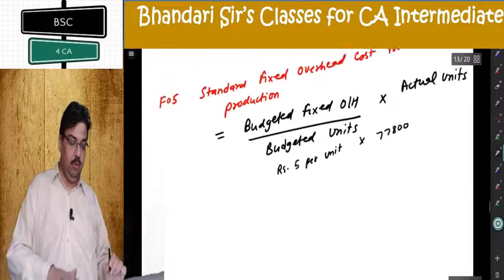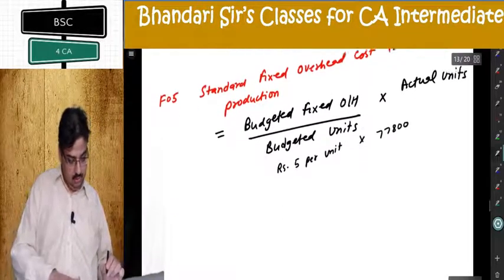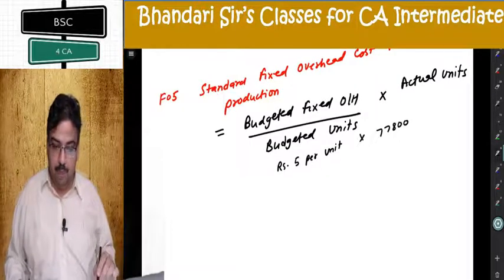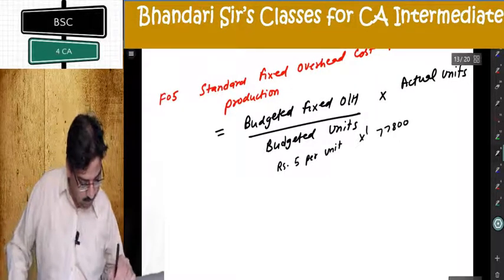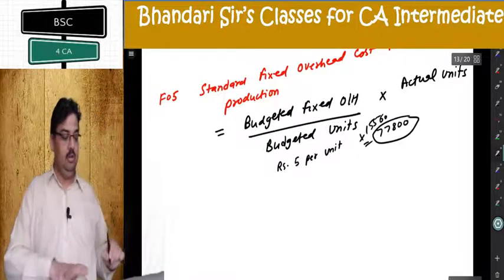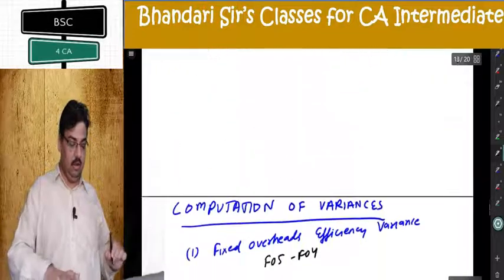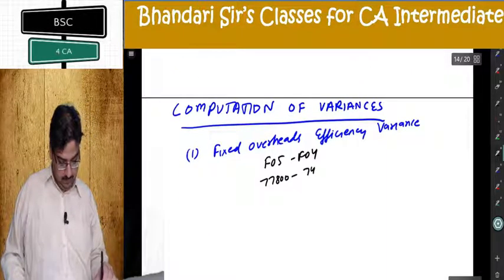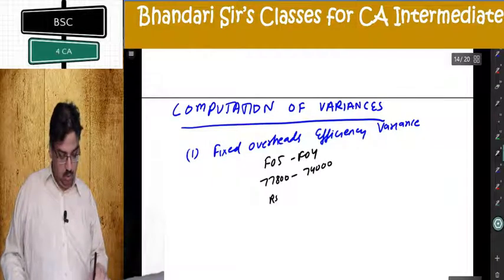We just computed 5 per unit multiplied by 15560 is equal to 77,800. 77,800 and 74,000. Rupees 3,800 favorable.